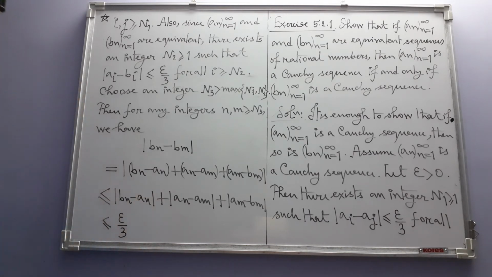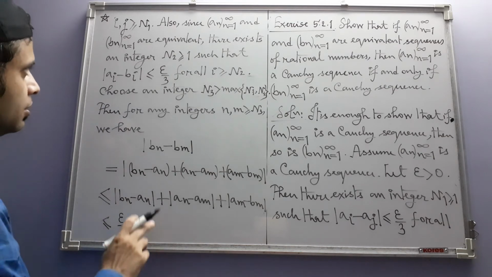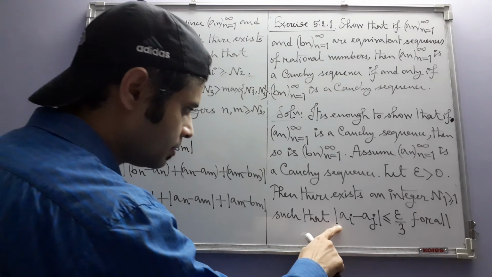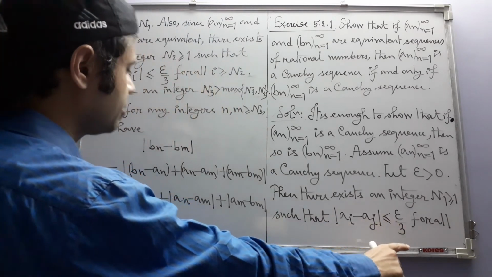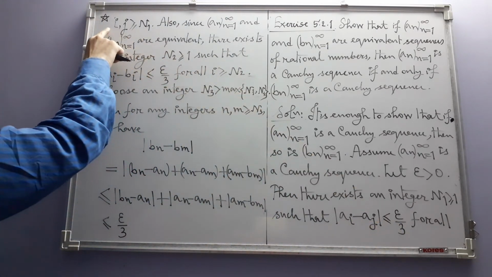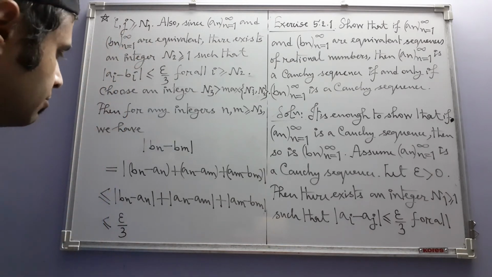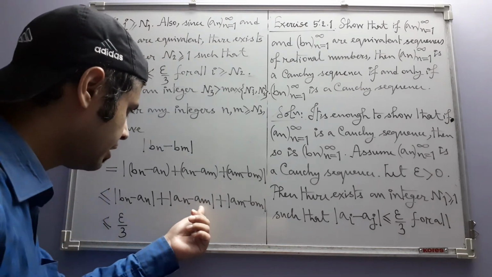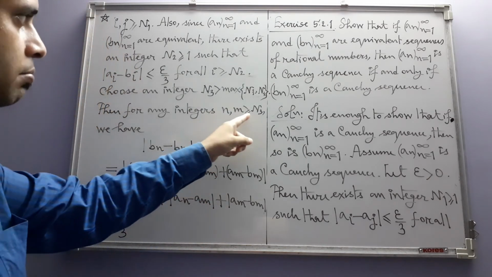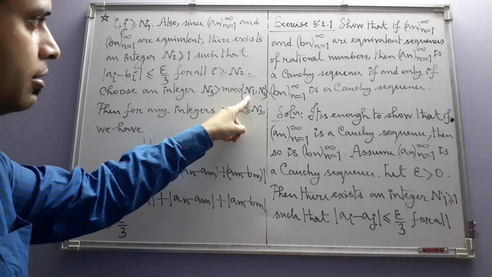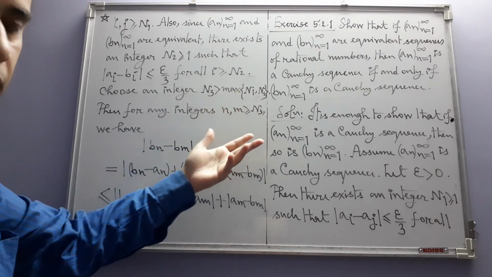This is coming from the first term. Because the sequence is Cauchy, this term is less than or equal to epsilon by 3 when the suffixes i and j are both greater than or equal to n1. Here the suffixes are n and m, and they are both greater than or equal to n3, which itself is greater than n1. So they are also greater than n1.